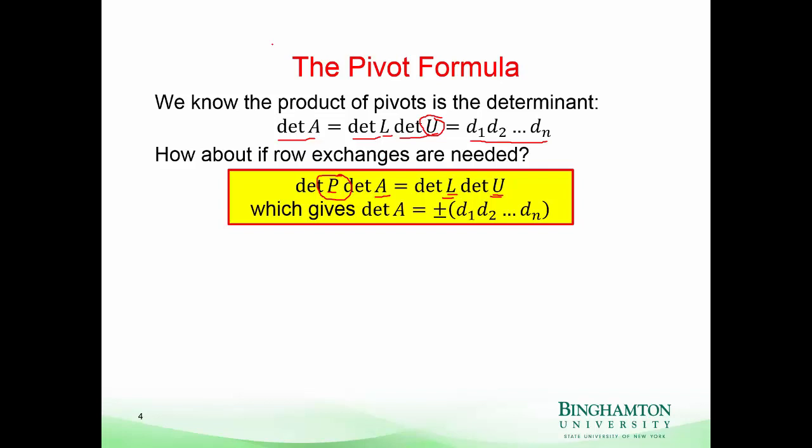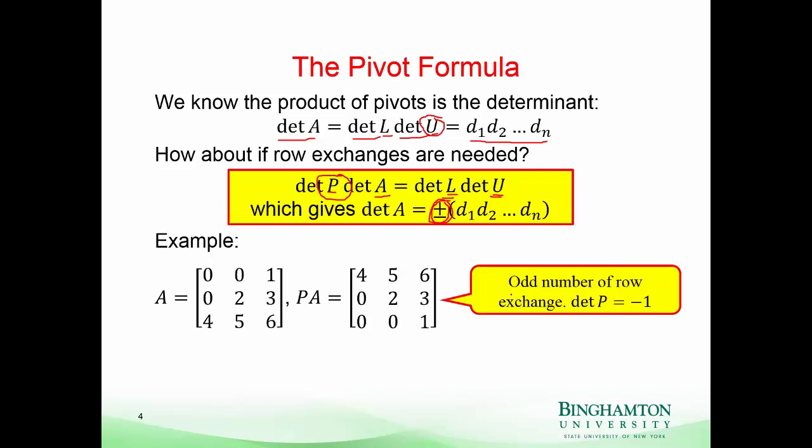And so that's where this plus or minus comes from out in front. So to use this approach, all you have to do is find the pivots and multiply them together, but then you have to account for whether you needed a permutation matrix to do row exchanges or not.